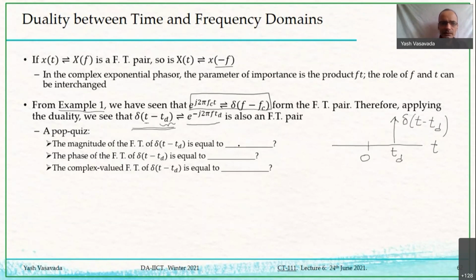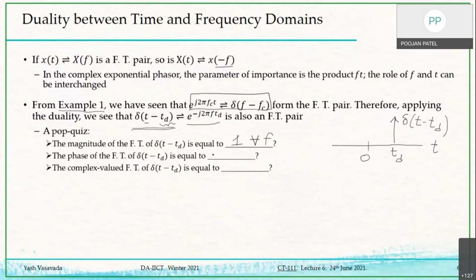Okay, so again, some quick quiz here. What is the magnitude of Fourier transform of delta t minus t d? 1. Yeah, it is 1 at all the frequencies. The magnitude of complex exponential is always 1, no matter what frequency or time we are looking. What is the phase?